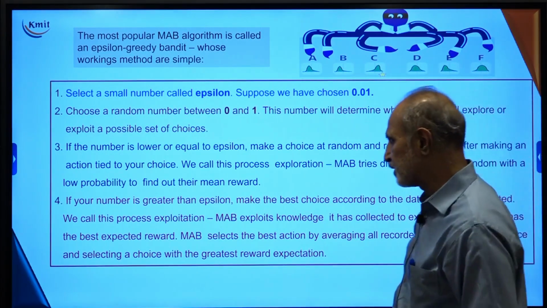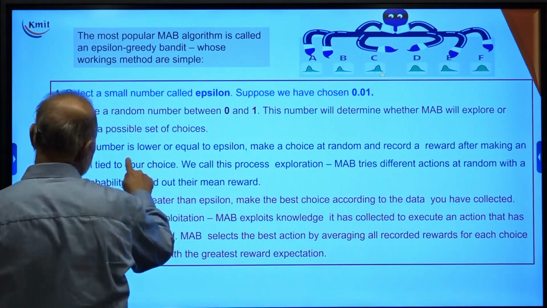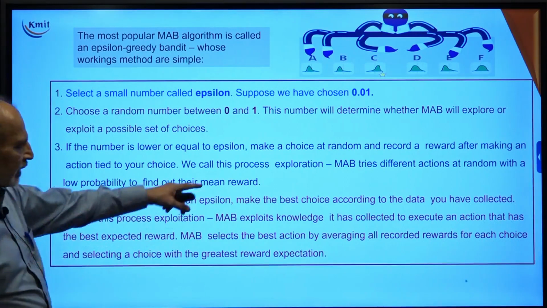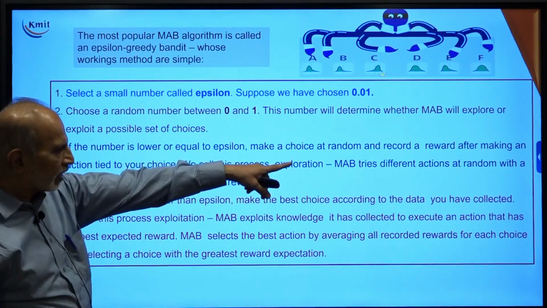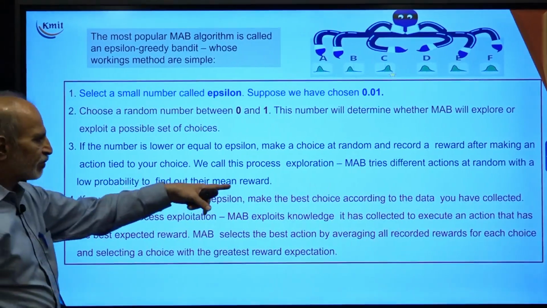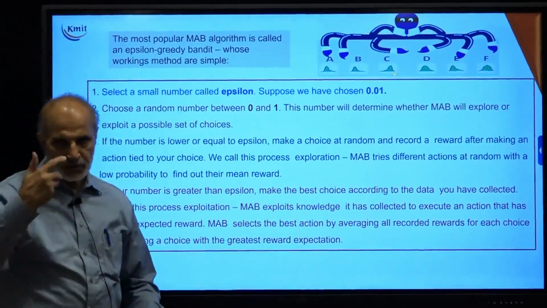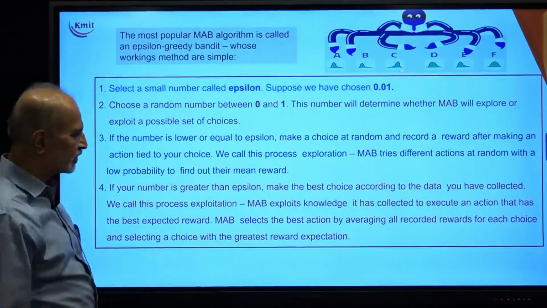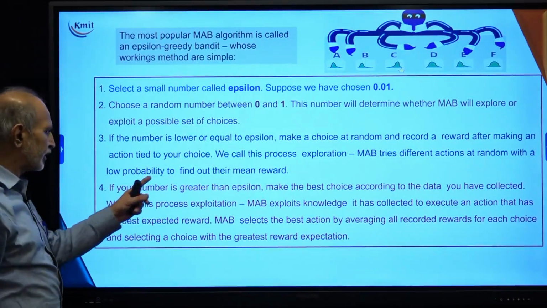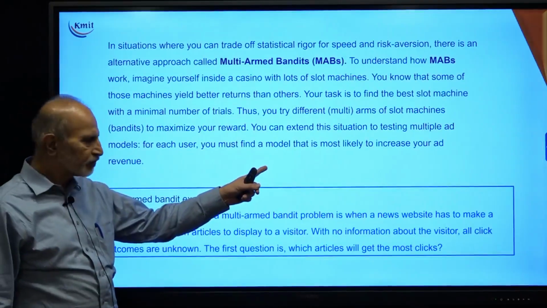Now, let us look into the detail of this. If the number is lower than or equal to epsilon, which I have taken as 0.01, make a choice at random and record a reward after taking an action tied to your choice. We call this process exploration. So, MAB tries different actions at random with a low probability to find their mean reward.